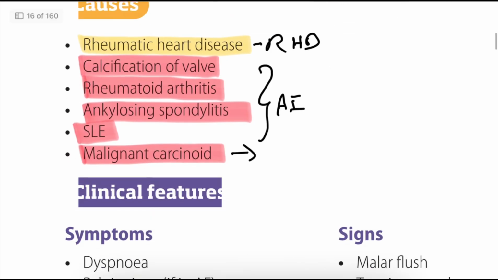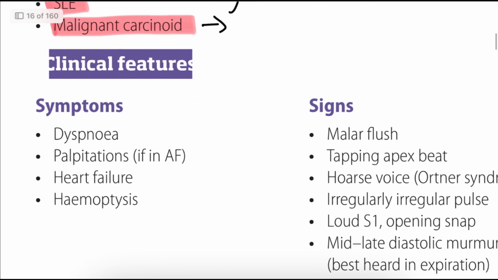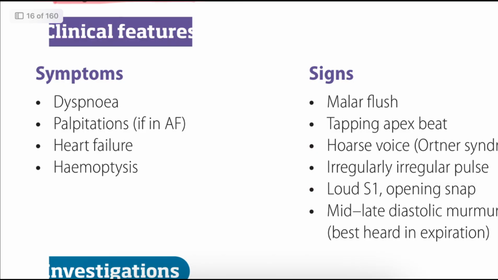Next, you can see some clinical features. The first symptom is progressive dyspnea, which means difficulty in breathing. Next, palpitations, most commonly due to atrial fibrillation.